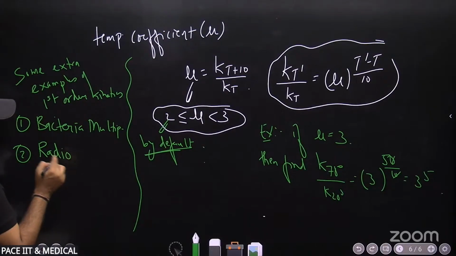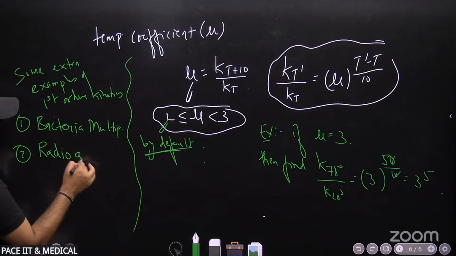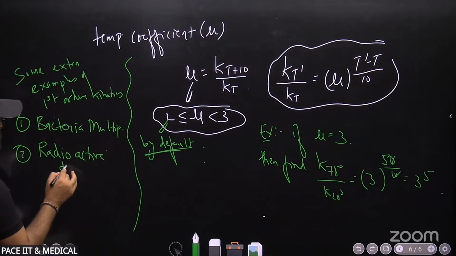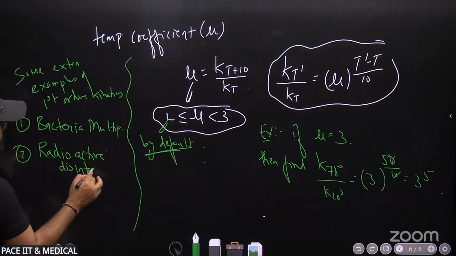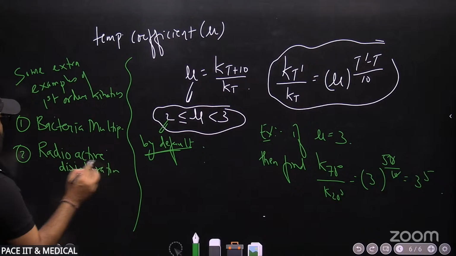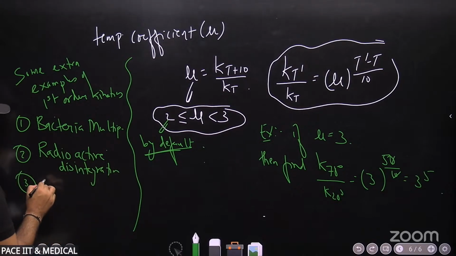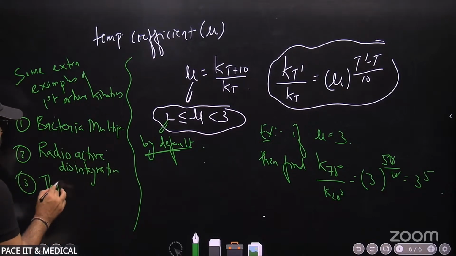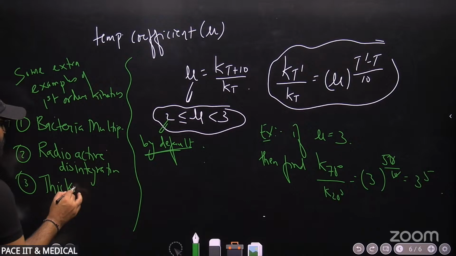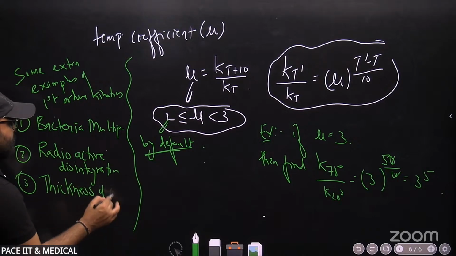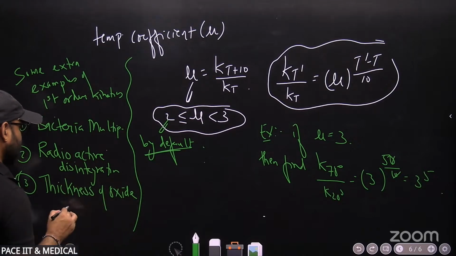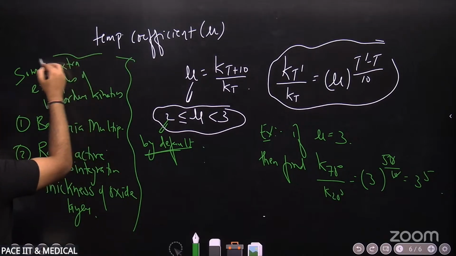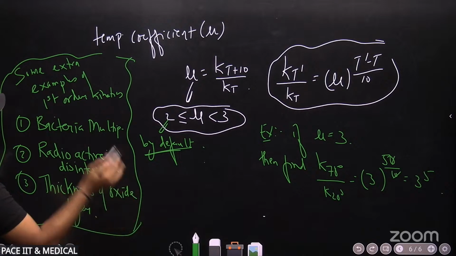In modern physics you will be covering this radioactive disintegration. This follows first order kinetics. And third and last, thickness of oxide layer. This is also first order kinetics. Just remember these things. Sometimes it is asked directly.